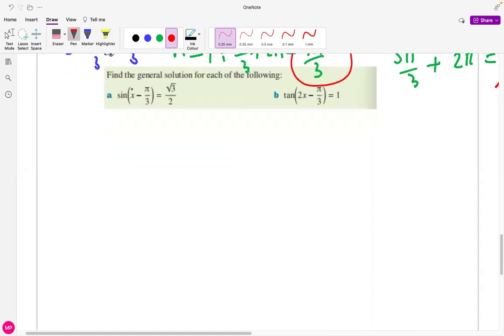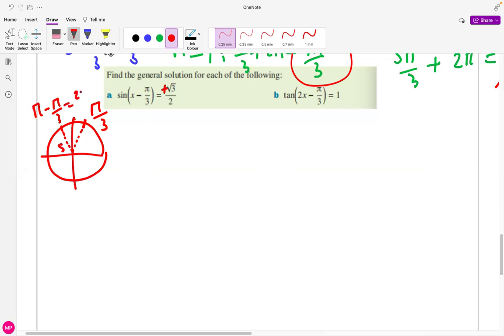I'll just do one more general solution for the last two examples. Here, for sin of something equal to √3/2, we know the angle for that will be 60 degrees, so pi/3, right? Because sin is positive, you also want quadrant 2 to make sin positive. In this quadrant, it will be pi minus pi/3, which is 2 pi/3.